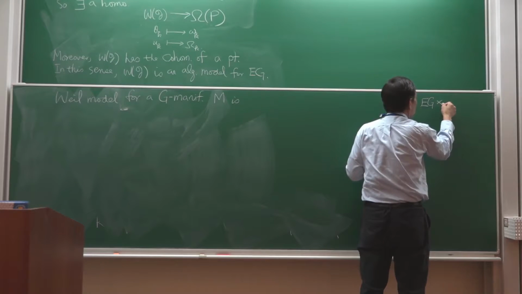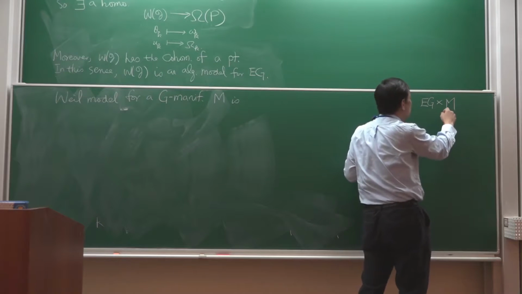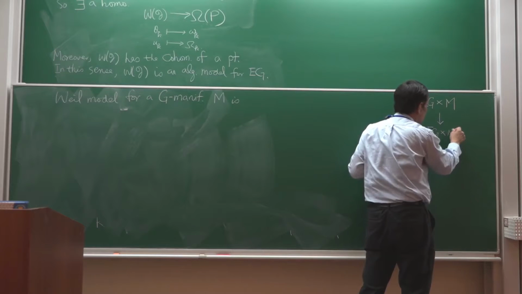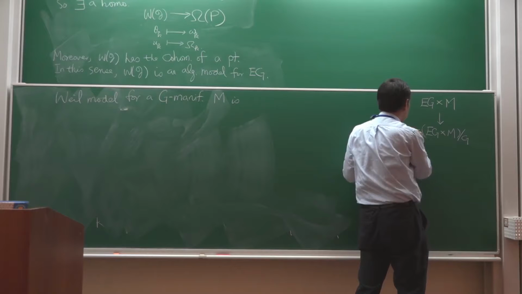Okay, so the homotopy quotient is obtained by first taking this product, and then you divide by G. Okay, and this is the homotopy quotient.